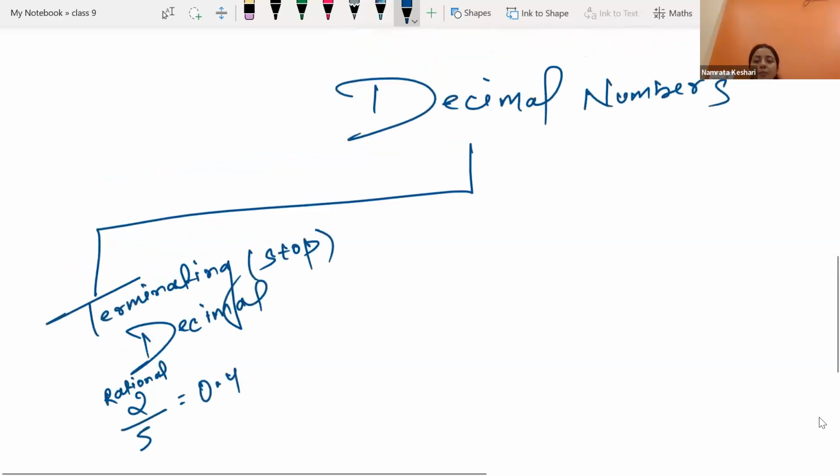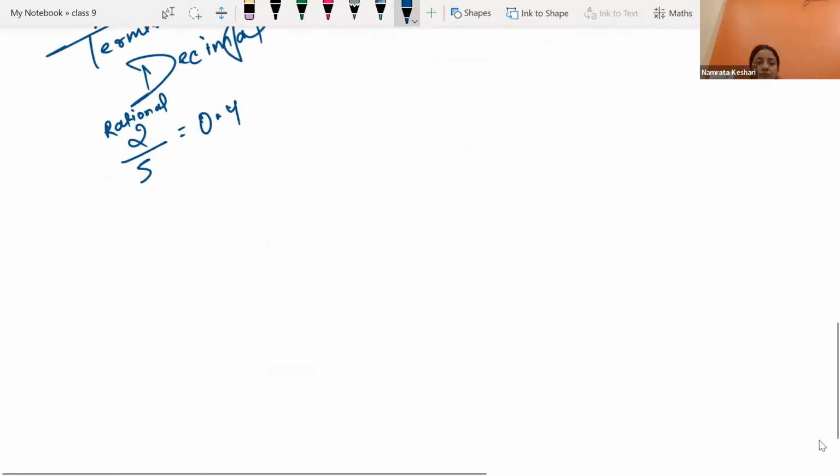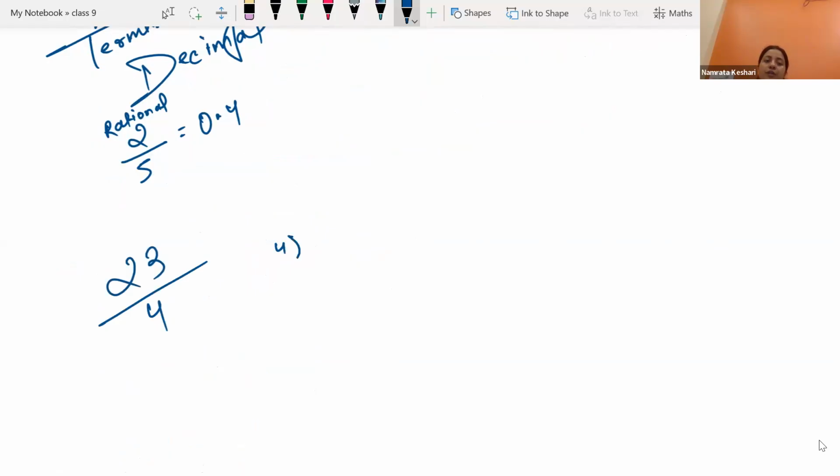For example, if we are having suppose 23 by 4, let's do the division. We will divide 23 by 4. We'll be having 4 5 times 20. Then we'll be having 4 6 times 24. 4 sevens are 28.